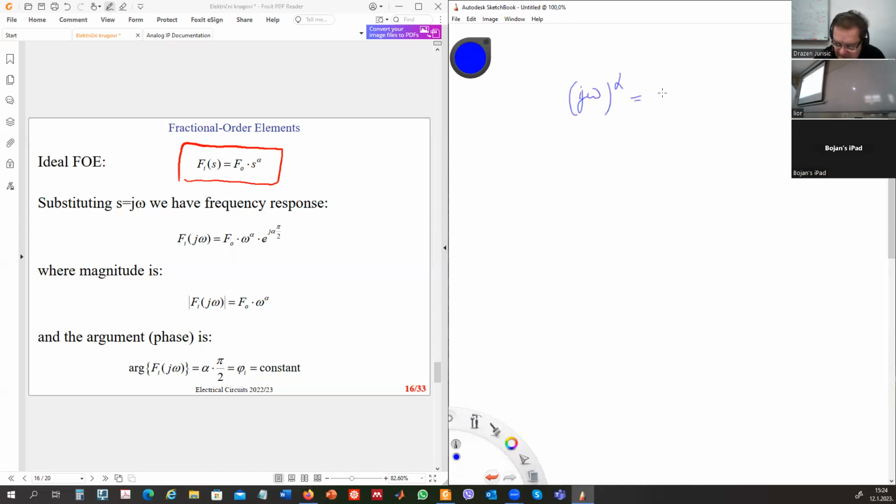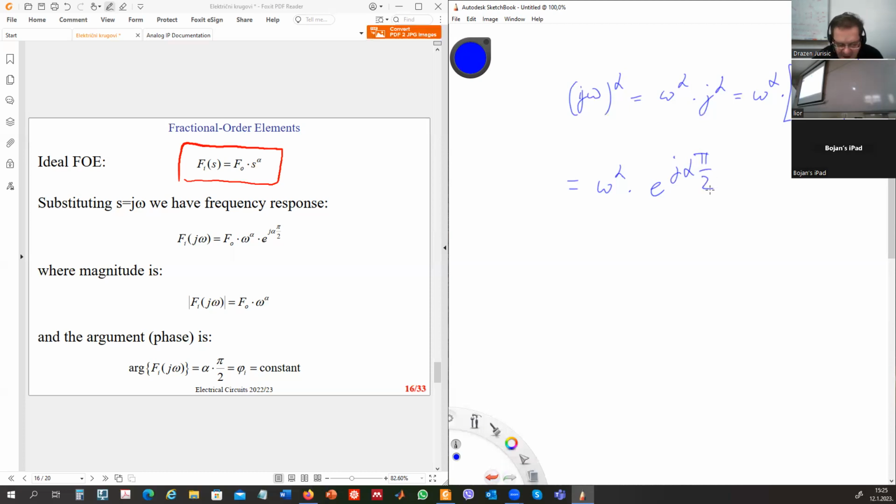And this is omega to the alpha times e to the j pi half, which is j, all together to the alpha. So this is omega to the alpha e to the j alpha pi half.